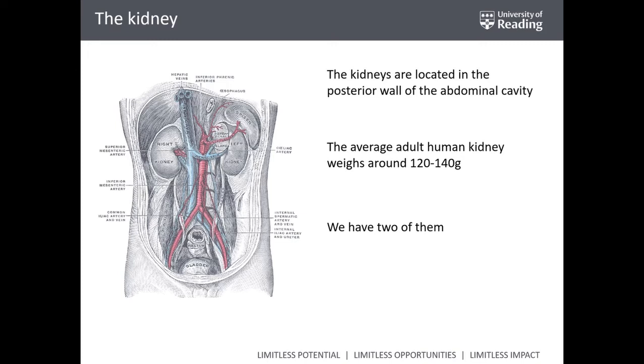Each kidney in an adult weighs between 120 and 140 grams, and as with many organs in the human body, there are two of them, because it's always nice to have redundancies in place. Humans can survive with only one kidney.